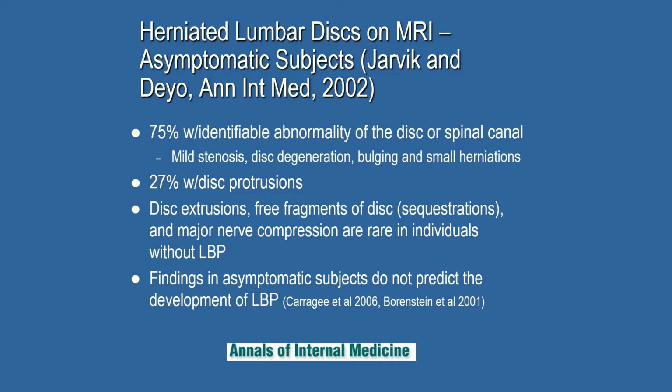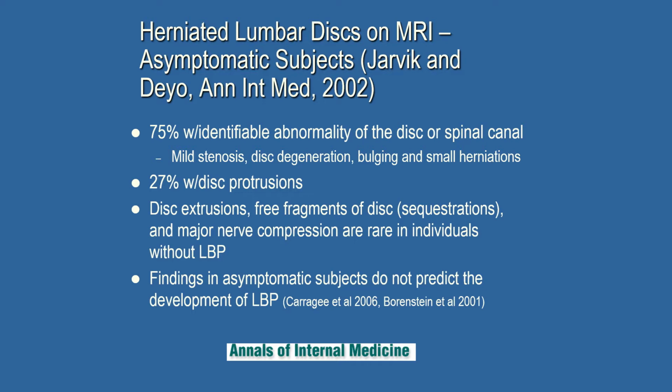We'll see things like mild central canal stenosis, disc degeneration, disc bulging, as well as small herniations. If we look at larger herniations, the next one up, at least with respect to radiology nomenclature, would be a protrusion. About 1 in 4 individuals have that.